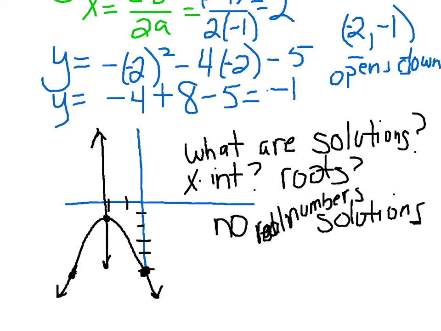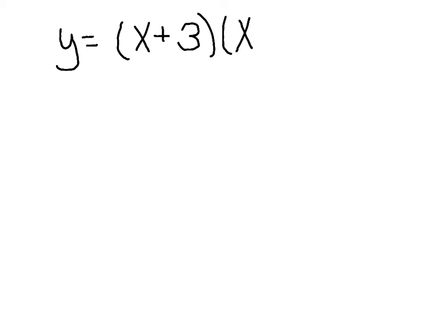Let's look at them in factored form. Okay, if I have y equals x plus 3 times x minus 2, then how does that graph look?